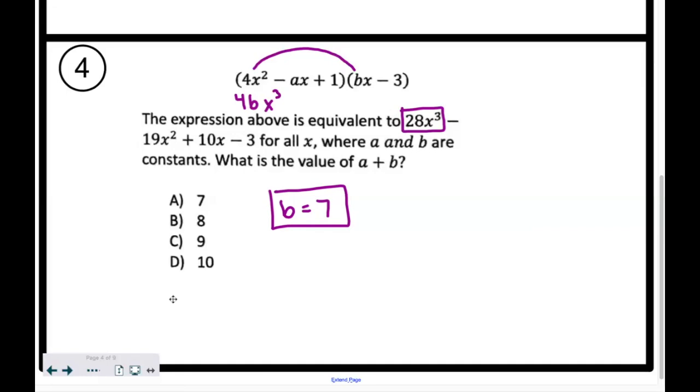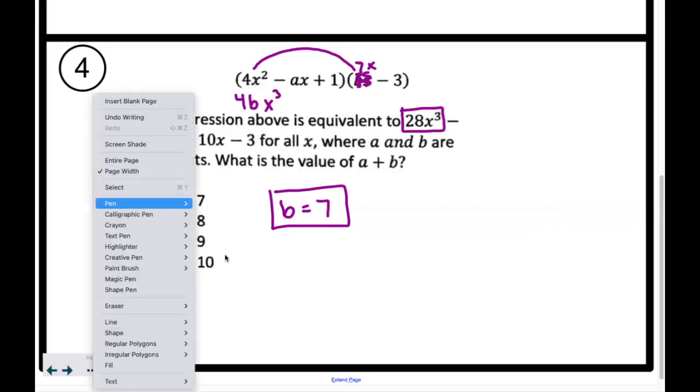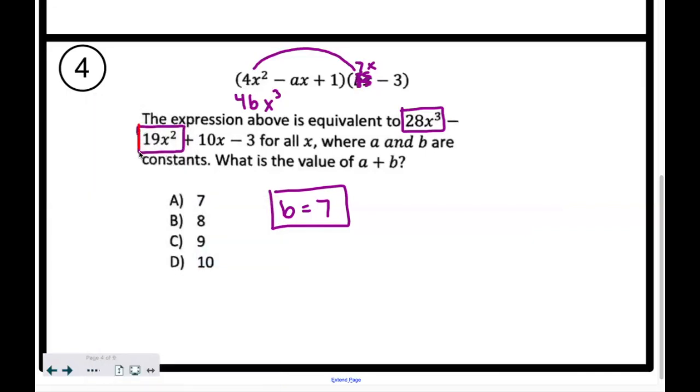Okay, so now I'm going to imagine that this is a 7, so that's now a 7x instead of a bx. Now I have two options: I'm either going to focus on the x squared term or the x term. I'm going to choose the x squared term, so I look at my 19x squared.